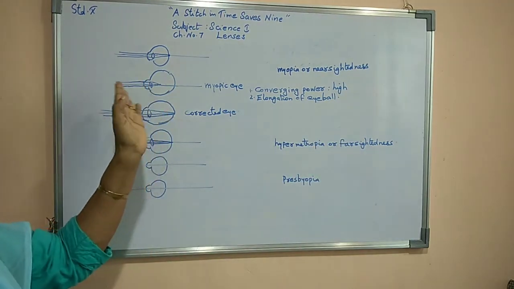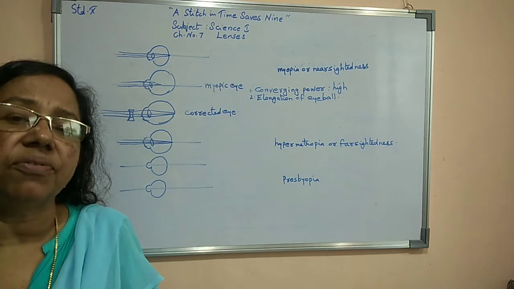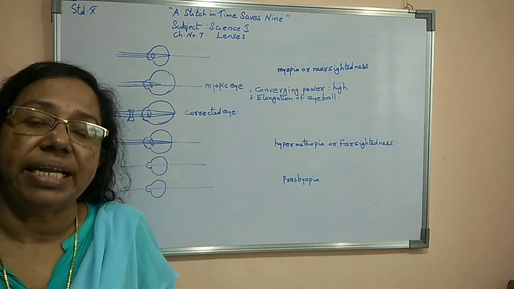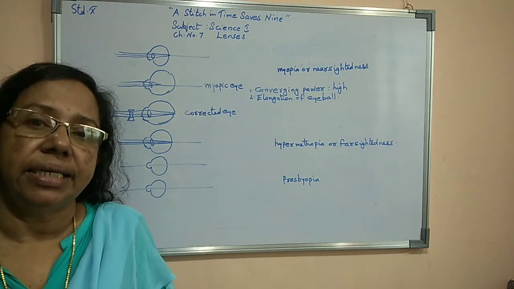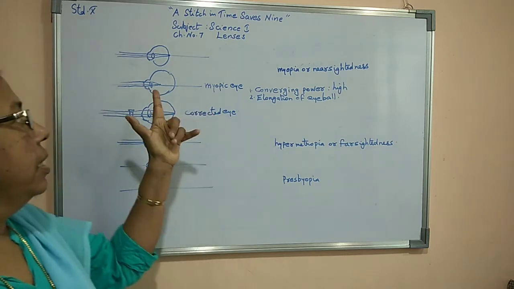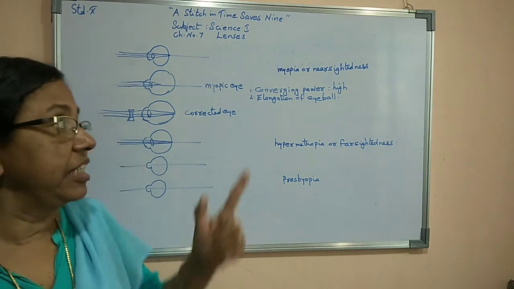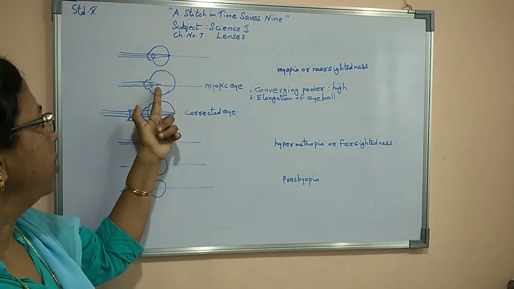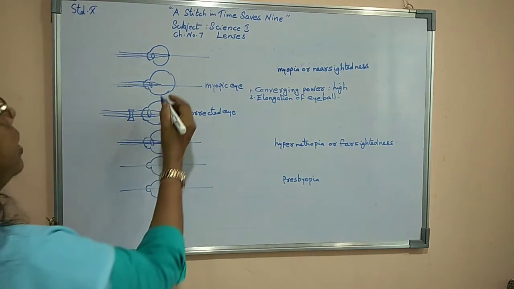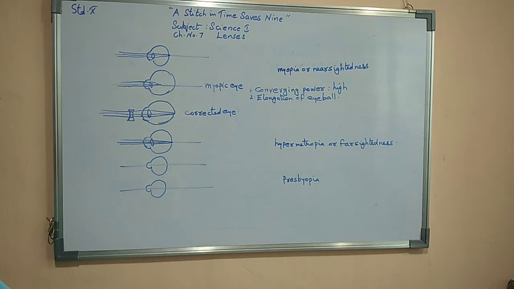There may be many reasons, but we will study two reasons. First, the converging power of the eye lens is very high. Second, the eyeball elongates. As a result of it, myopia occurs. In myopic patients, the converging of the eye lens occurs in front of the retina, not on the retina.